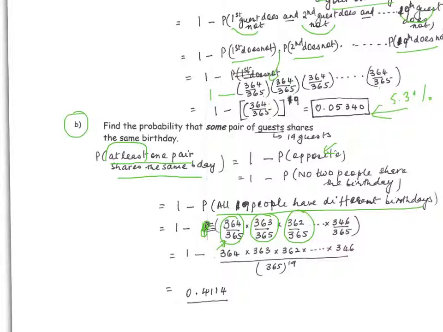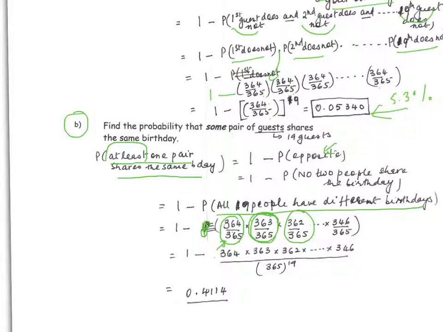So that's the probability that his birthday will not be on the same day as yours. Now, the second guest cannot have the same birthday as the previous guest and the one before, so it would be equal to just 363 out of 365, and keep going on and on.